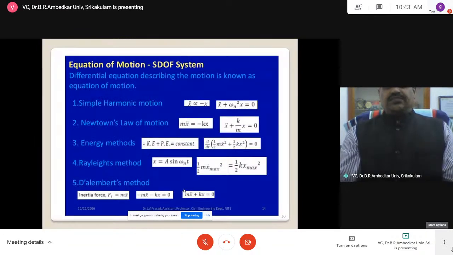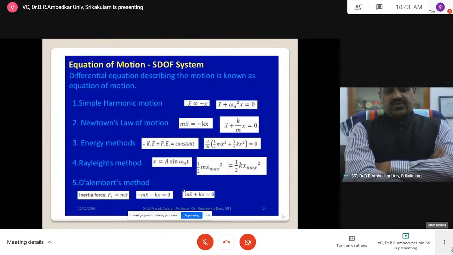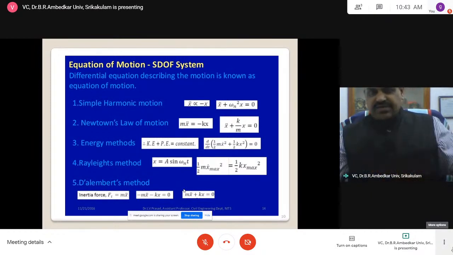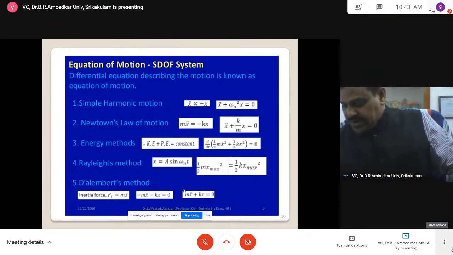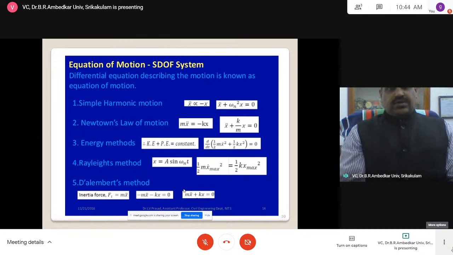Now let us see the different types of dynamic problems, how generally we try to represent them in dynamics. Dynamics is generally represented as simple harmonic motion, meaning acceleration is proportional to the displacement.